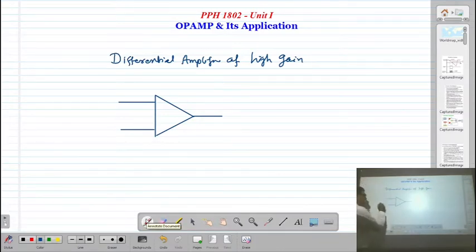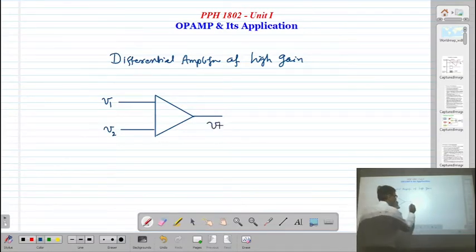Here, say this is the V1 input and this is the V2 input, and the output.